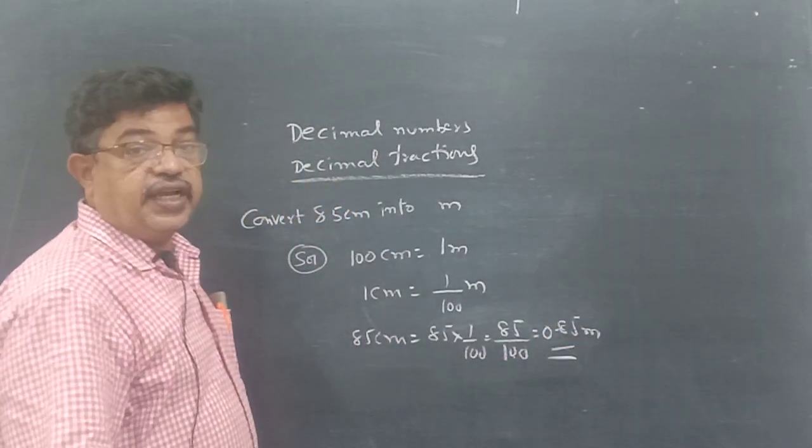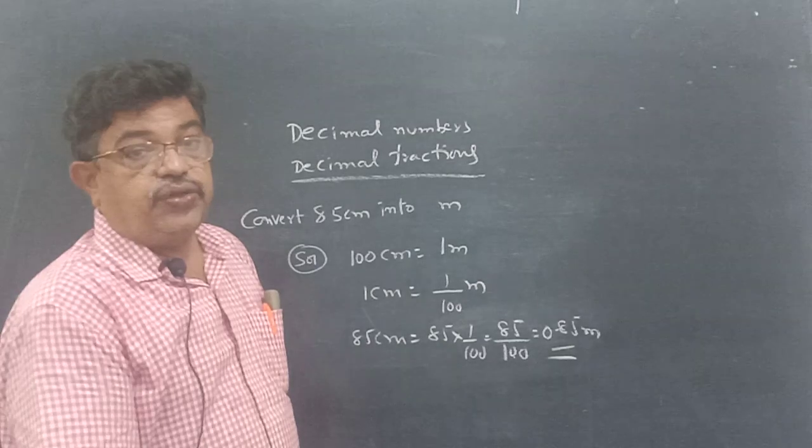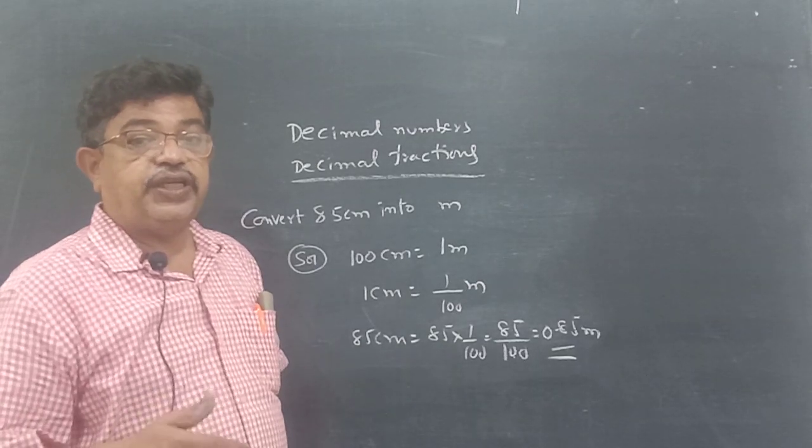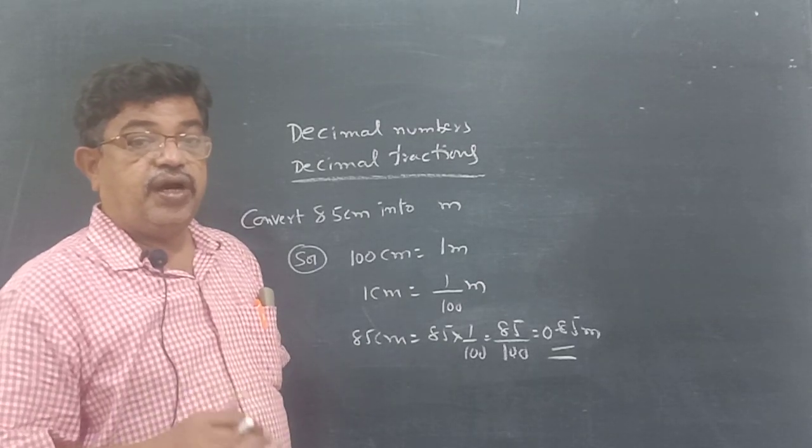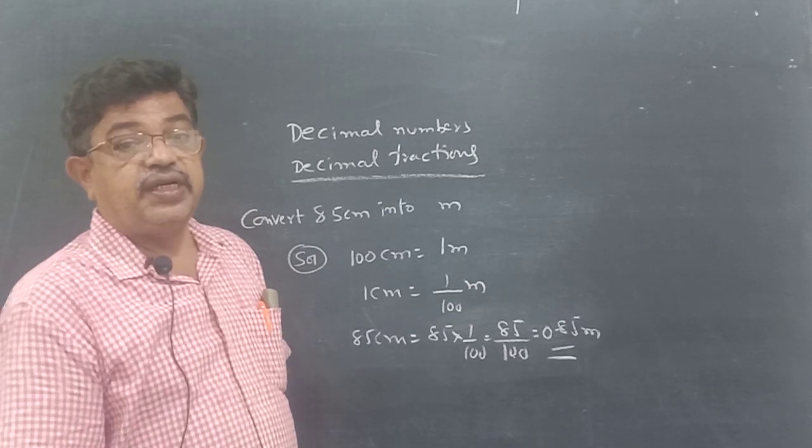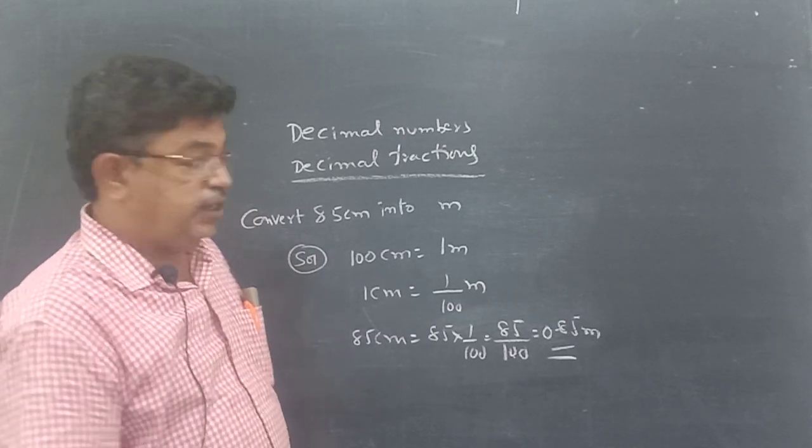So smaller units again converted into larger units. So we converted paise into rupees, we converted grams into kilograms, now we converted centimeters into meters.